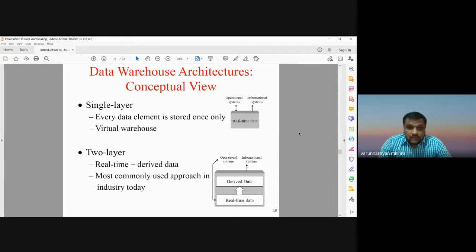A data warehouse may have two conceptual views. Single layer, where every data element is stored once only, and virtual warehouse. Then the two layer view, which includes the real time and derived data. It's the most used approach in industry today.